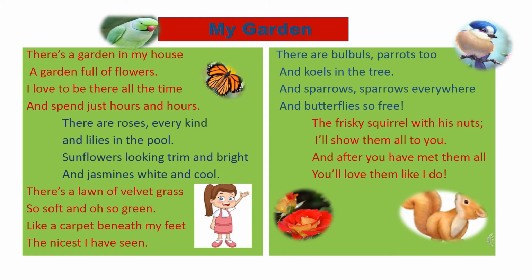The grass is very soft, as soft as velvet, and very green, like a carpet beneath my feet, the nicest I have seen. And she says, when I walk on that grass, it is so soft and green that I feel I am walking on a carpet.